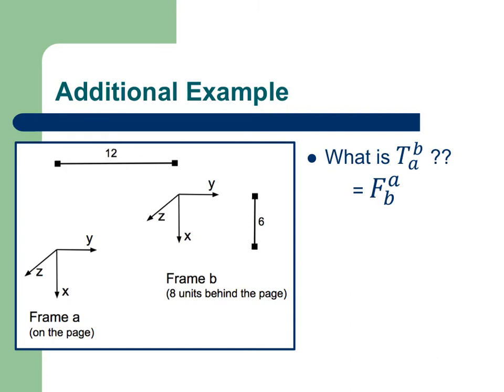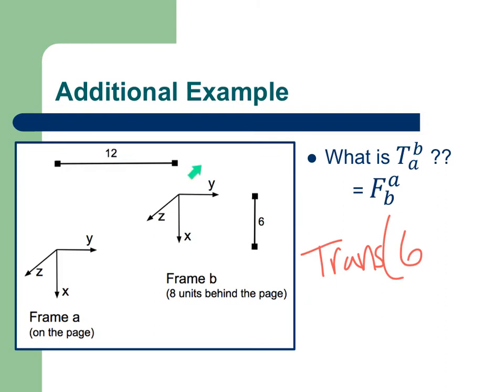What is the frame transformation from B to A? How do I take my B frame and align it with my A frame? Well, X is down, and it looks like the A frame is 6 units down along the X. So I'm going to start out by saying it's just a translation, and I'm going to go 6 units in the positive X direction.